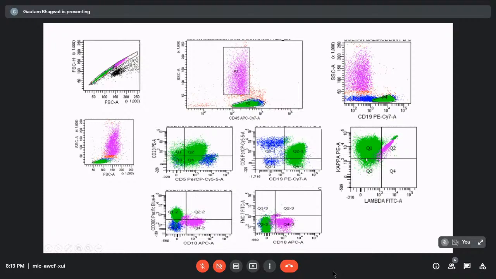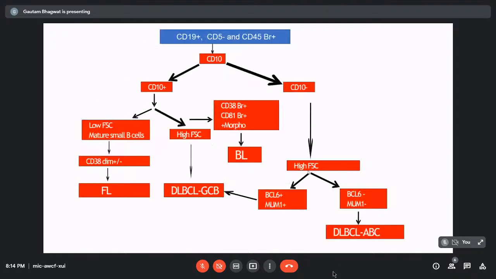Now ideally, in a normal mature B lymphocyte there would be a ratio of kappa and lambda, but here I see that the entire population of interest is kappa restricted, expressing only kappa, no lambda. So kappa restricted, I know that these are clonal cells, CD5 CD19 co-expressing, CD200 positive, the diagnosis is CLL. Based on CD20 we can say whether it is an atypical CLL or a classical CLL.